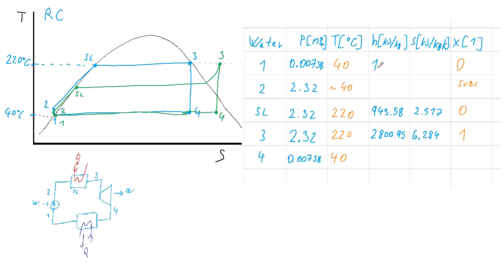And the enthalpy would be 167.5 kilojoules per kilogram, and the entropy 0.57 kilojoules per kilogram Kelvin.